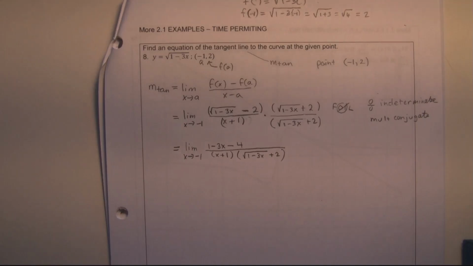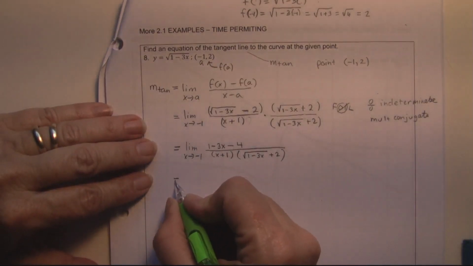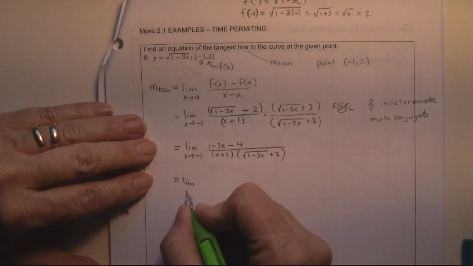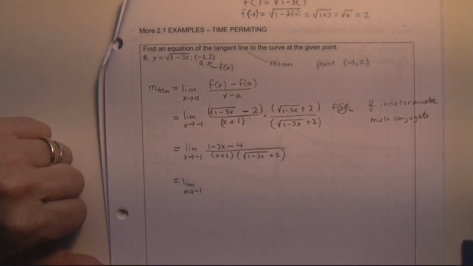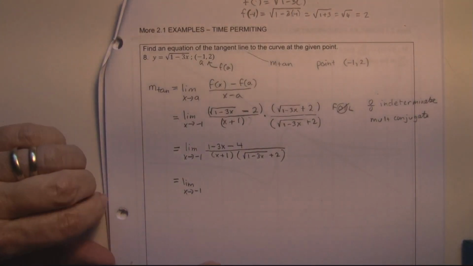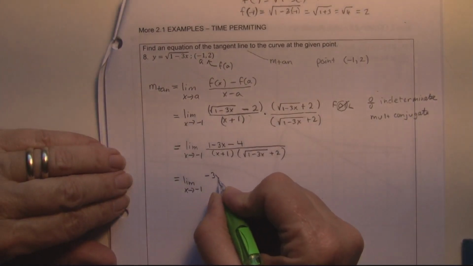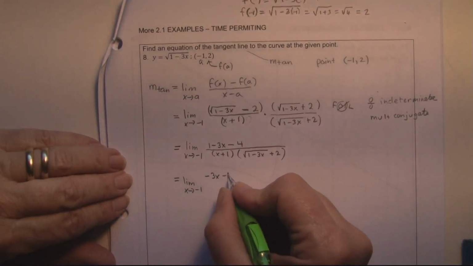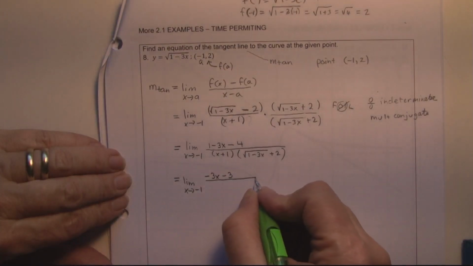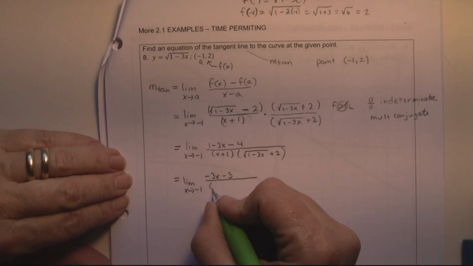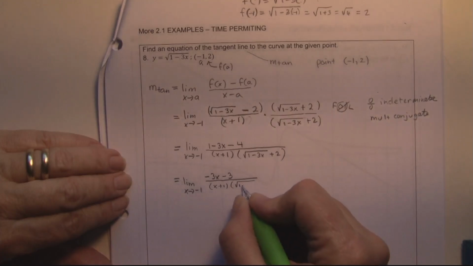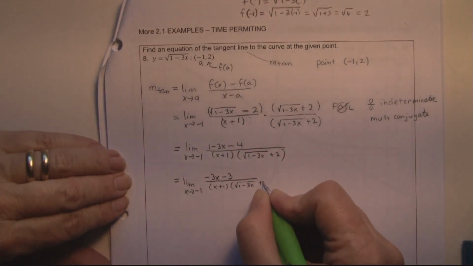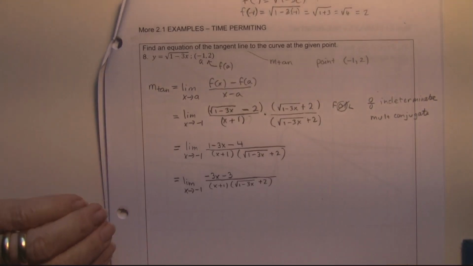So in the numerator now, I have the limit. I haven't found the limit yet by substitution, and I'm not going to attempt to find the limit again until I cancel out the x plus 1. So I have minus 3x minus 3 divided by, and so I just combine like terms in the numerator, x plus 1 times that square root plus 2, that conjugate thing that we had.